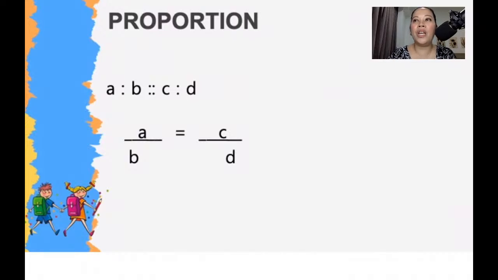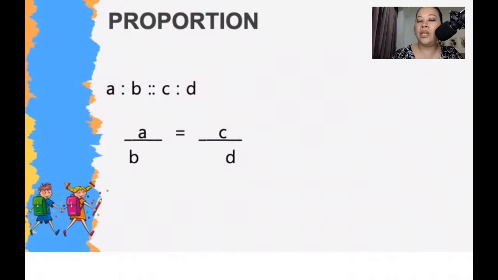All right. Now let's proceed to proportion. So ratio is used to share things. While we talk about proportion, proportion is an equation of two equal ratios. So proportion is an equation in which two values are equal. In a proportion, the product, I will show you the means and the extremes in a while.